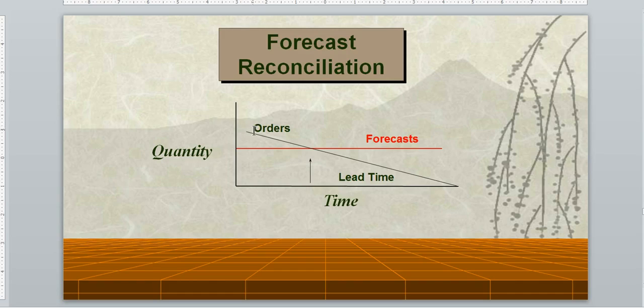And as we go further and further out, we're going to have less and less orders that represent that demand. At a certain point in time, they cross over, and outside of that, the forecasts are going to be a much more meaningful source of our demand pattern that we can expect. We just simply haven't received the orders yet.